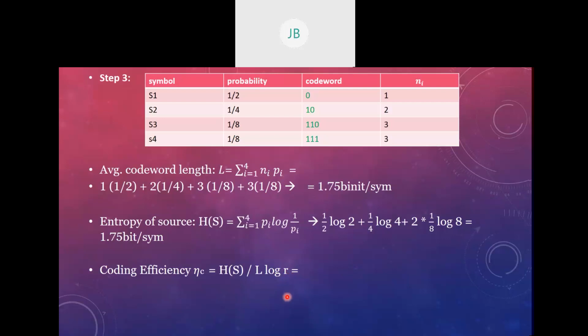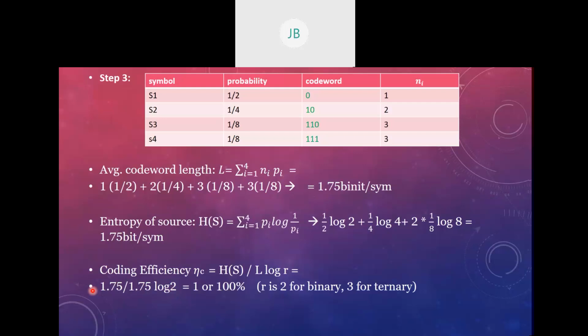Okay, so since we know all the values here, the coding efficiency is nothing but 1.75, that is H of S, divided by L multiplied by log of R. R value is 2 for binary, and the log is log base 2. So log 2 base 2 is 1.